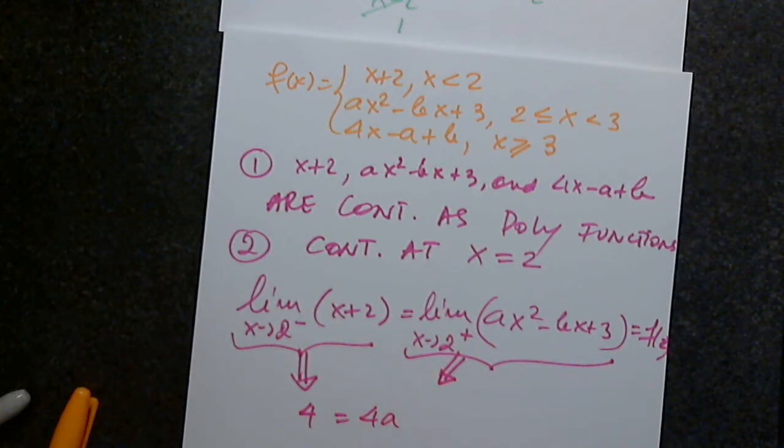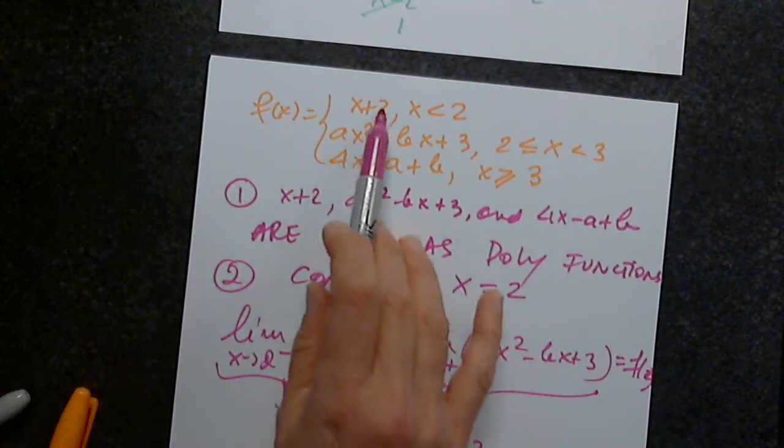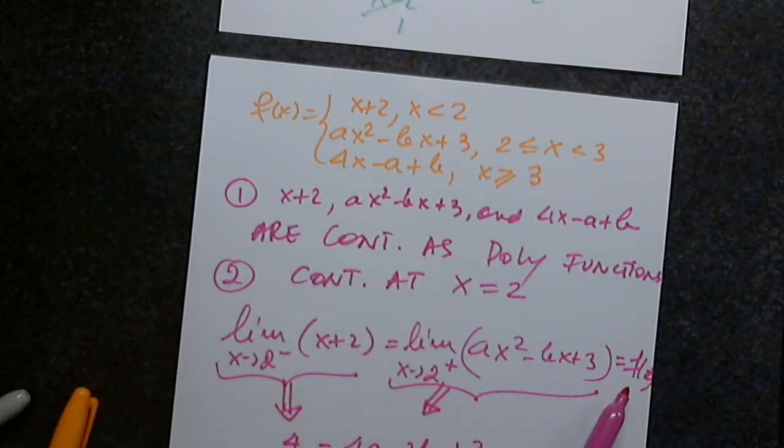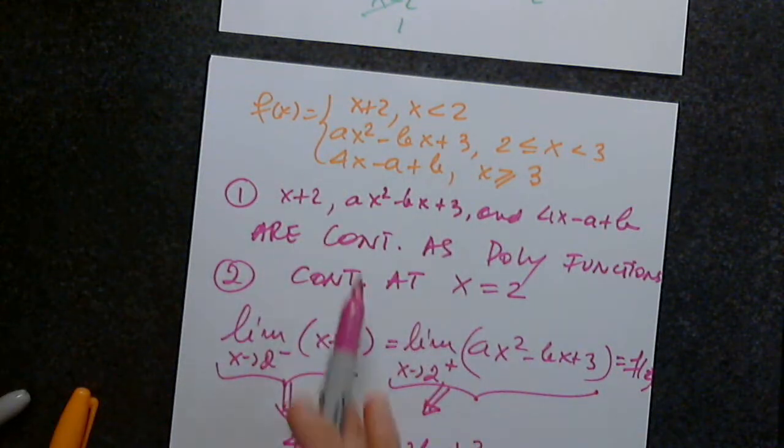Yes, 4a. Good. Awesome. Plus? Very good. And now which branch do I use, top or middle, for x equals 2? Middle, correct? I don't have to write it again. It's the same thing, right? 4a minus 2b plus 3. So I'm going to write it, but there is no need.